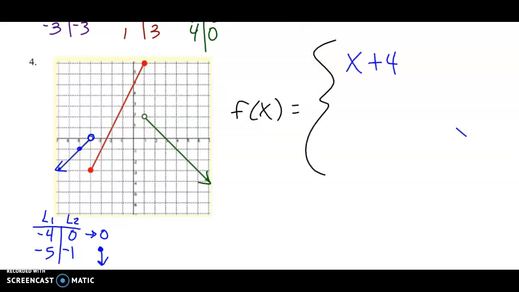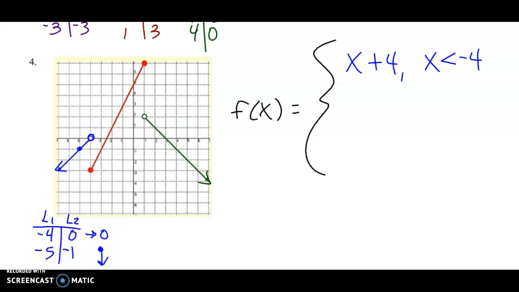When it comes time for our intervals. Alright, so I can think to myself, okay, it was open at -4, but showing numbers moving in this x direction, that's less than. So any x less than -4. I don't want an equal to because I needed an open circle.